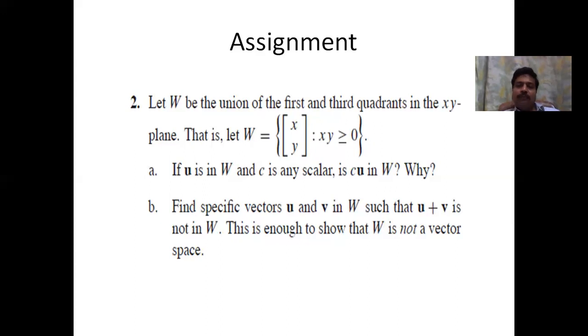Both are in W: (1, 5) is in the first quadrant, and (-3, -2) is in the third quadrant. But the resultant vector: 1 plus -3 is -2, and 5 plus -2 is 3. One is positive, one is negative, so it is in the second quadrant. That is not in W. So that is an example for U and V.